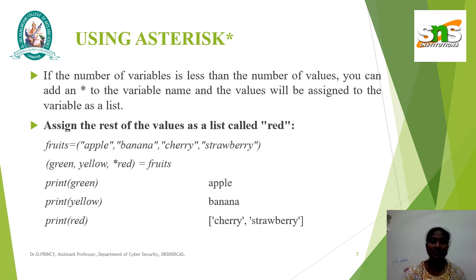It has 4 values. But when I'm unpacking, I'm using only 3 variables named green, yellow, and red. So green stores the first value, yellow stores the second value. The remaining 2 values I want to store in the third variable, so before the third variable I'm using an asterisk, which stores the remaining elements from the tuple. So when I print green, yellow, red, it gives apple, banana, and red returns a subtuple with the elements cherry and strawberry.